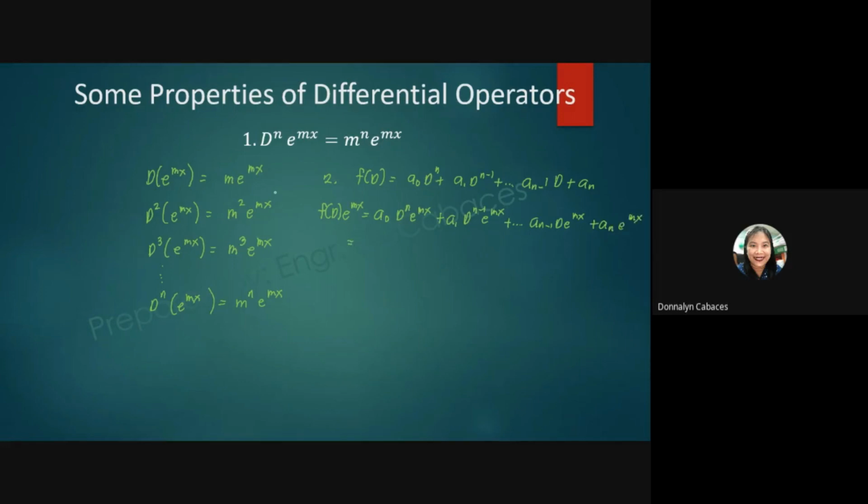Then applying our first property that d to the n e to the mx is m to the n e to the mx, so this would be a0 m to the n e to the mx plus a1 m to the n minus 1 e to the mx plus up to a sub n minus 1 m e to the mx plus a sub n e to the mx.